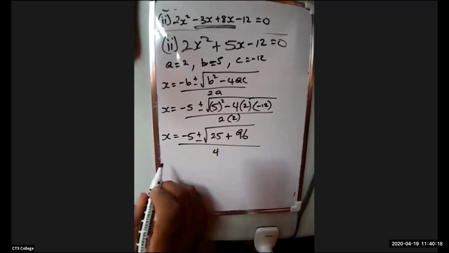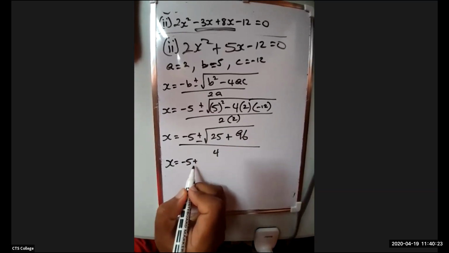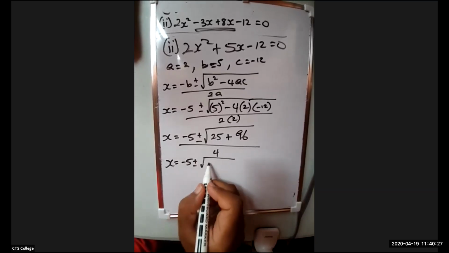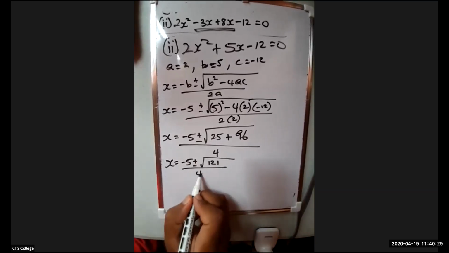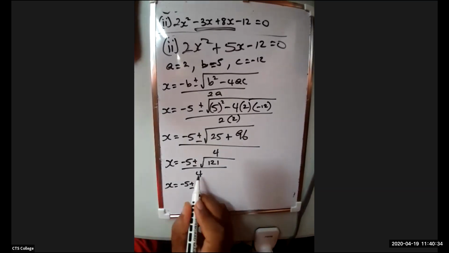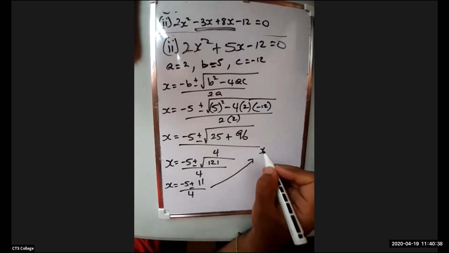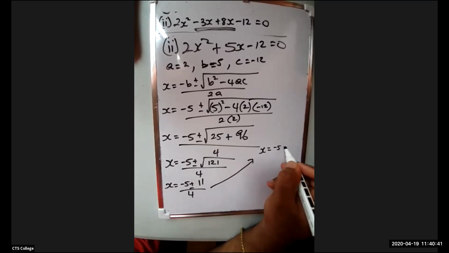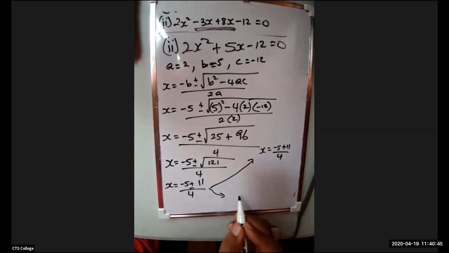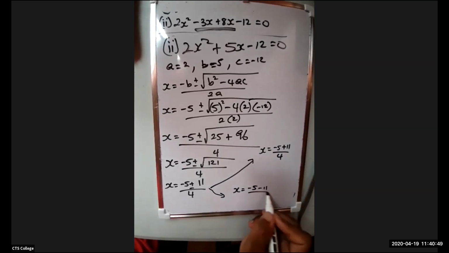All over 4. x is equal to minus 5 plus or minus the square root of 96 plus 25, which is 121, all over 4. x is equal to minus 5 plus or minus 11 all over 4. So now we split it. x is equal to -5 plus 11 all over 4, and of course, x is equal to -5 minus 11 all over 4.